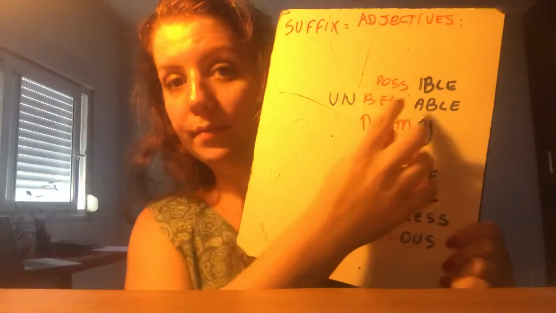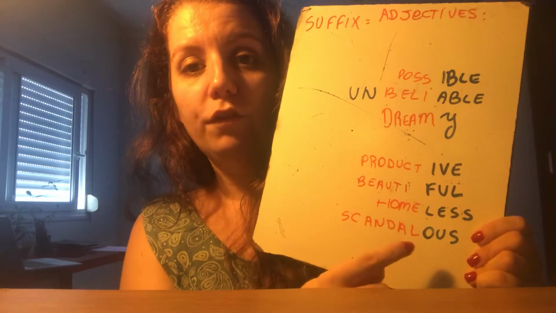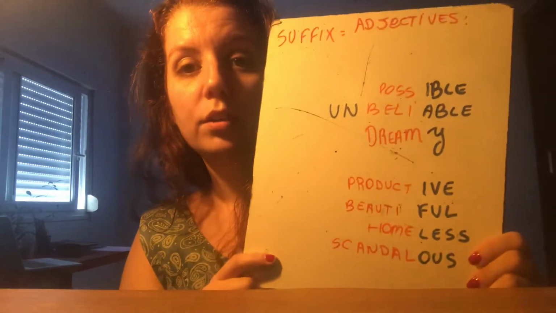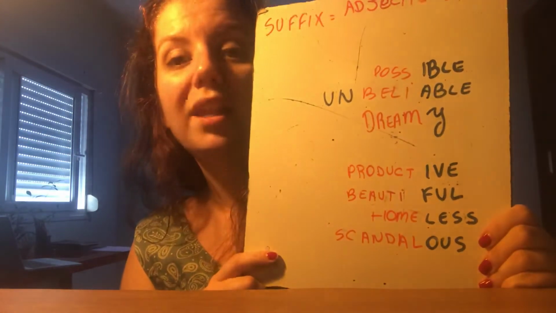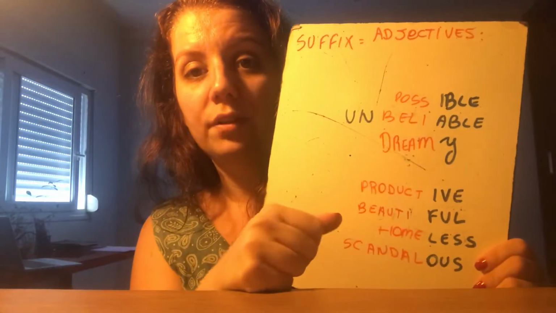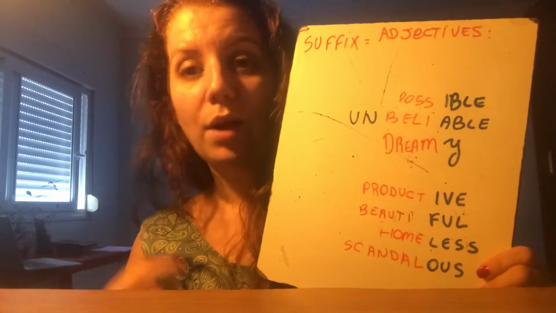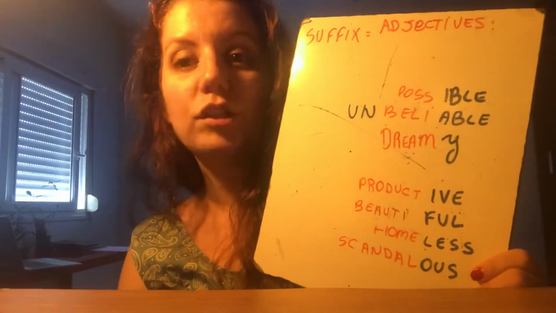They are ible, able, y, ly, ive, ful, less, and al. So possible, believable, and here is another example of suffix and prefix together. Believe is the verb, believable, acreditável, unbelievable, inacreditável.